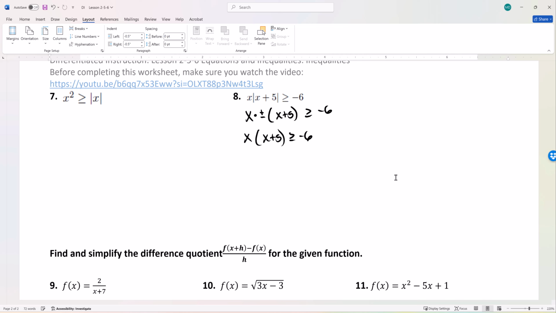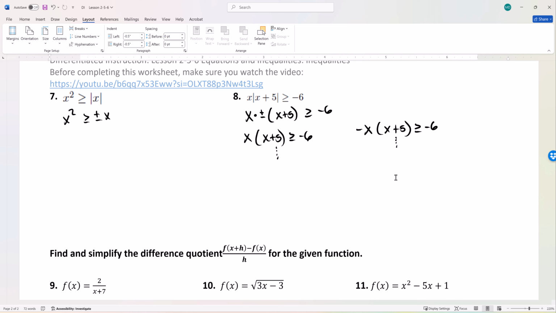And then this x goes with the negative version. Solve for each one. You may have to use the quadratic formula. You're going to have to try factoring. And then same idea here. You can get rid of the x by doing the plus or minus.